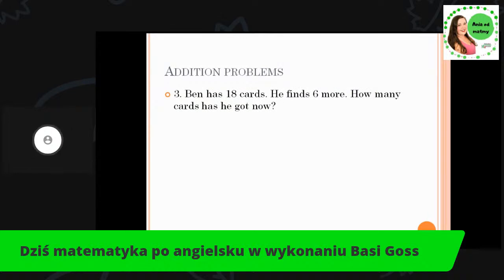Next problem to solve. Let's read the question together. Ben has 18 cards. He finds 6 more. How many cards has he got now?